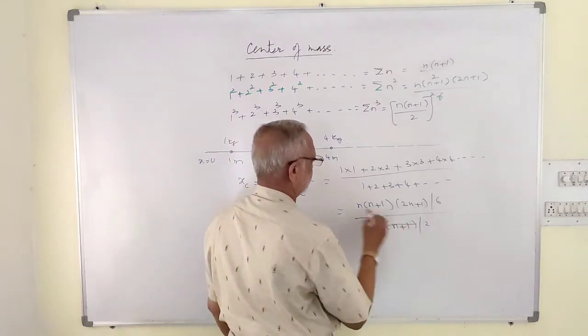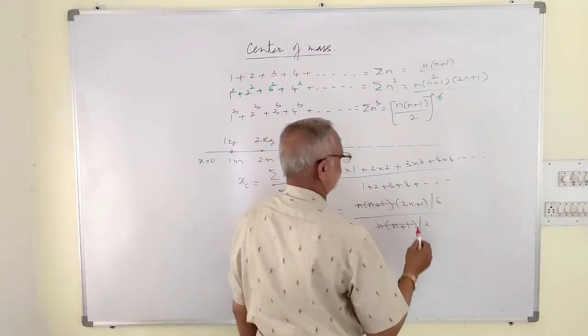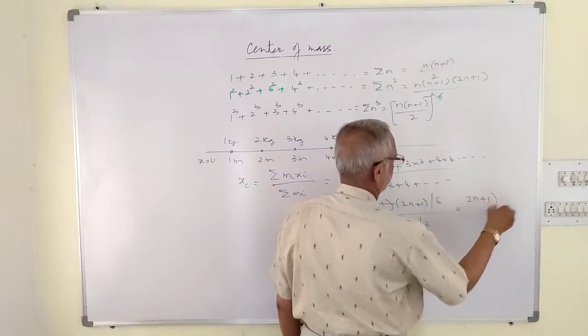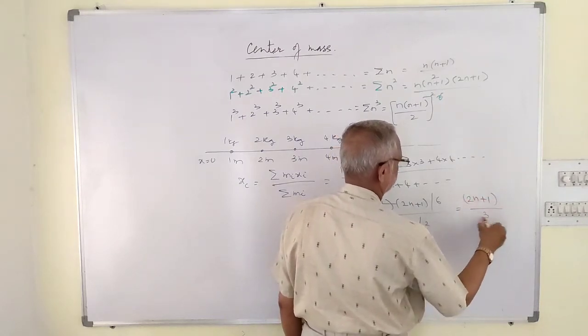This n into n plus 1 can be cancelled, 2 will go to the numerator, so this will become 2n plus 1 whole divided by 3.